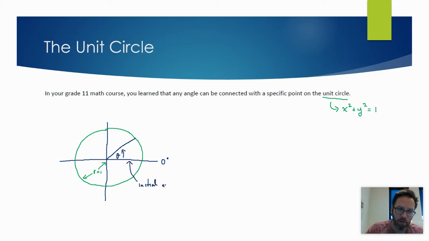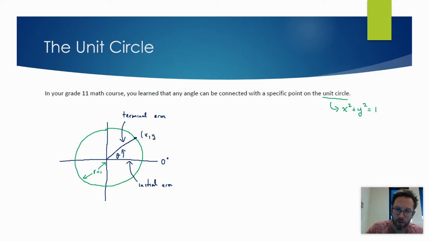Our angles always start on the positive x-axis, which we call 0 degrees, and then they go to some point, which we call the terminal arm. Every angle between 0 and 360 degrees corresponds to a unique point on this unit circle.